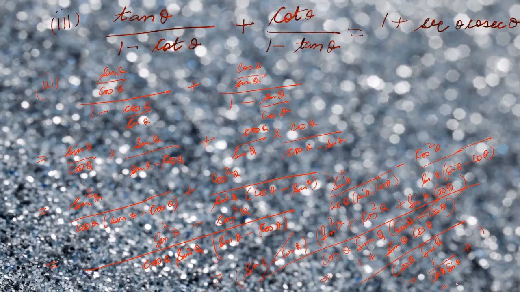So 1 upon cos theta is sec theta, and 1 upon sin theta is cosec theta, plus 1, or you can write like this, 1 plus sec theta cosec theta. So this is your right hand side. So in this way you will solve it.